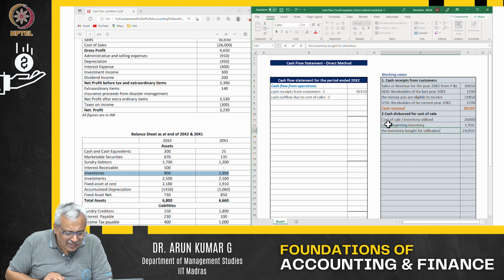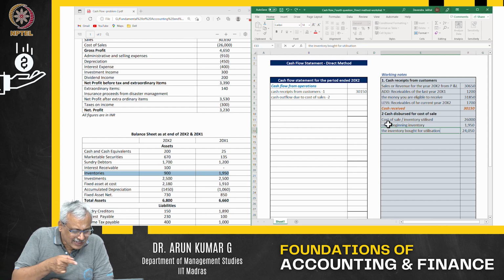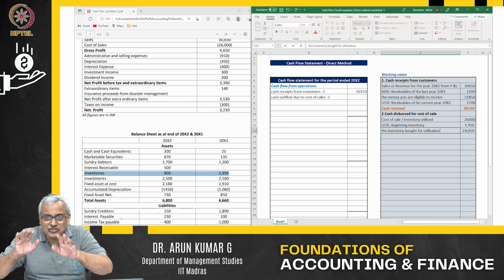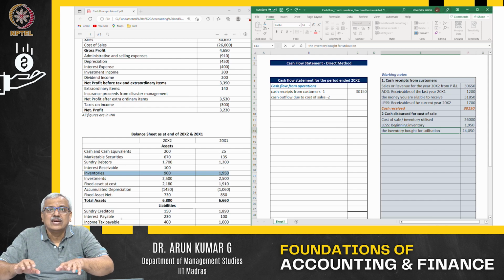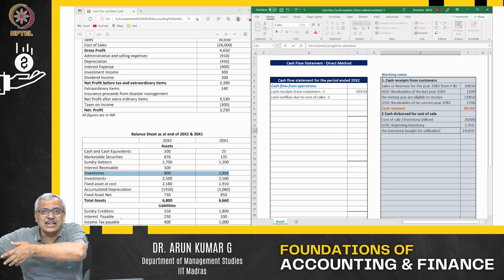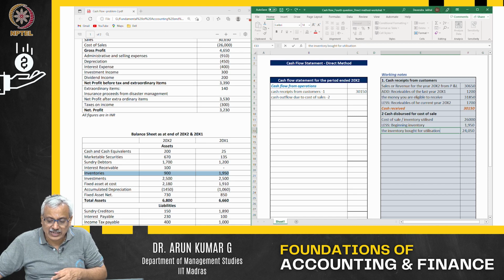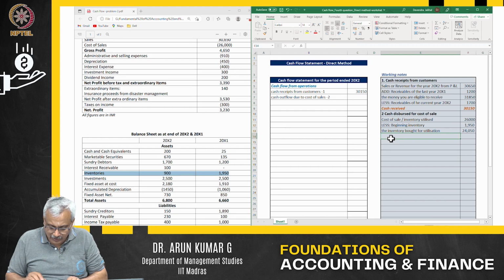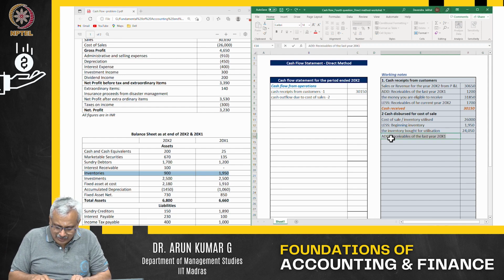But I have not bought only this $24,050 worth of inventory, because there is a closing inventory also, as you can see in the problem, 900. So, I have bought this 24,050 plus an additional $900 worth of inventory. I am adding my closing inventory, because that is something which I have bought.